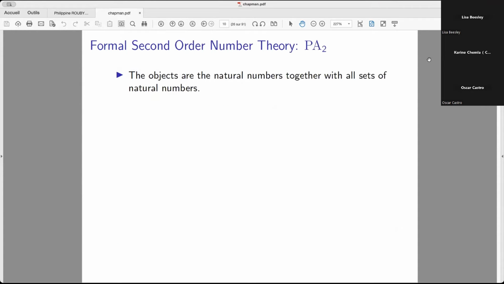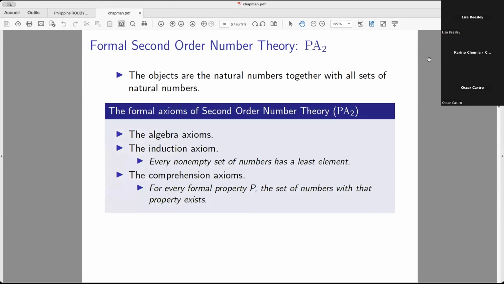Now, if we take one step beyond number theory toward set theory, we get second order number theory. So what are the objects here? They are the natural numbers, the objects of number theory, together with all sets of natural numbers. What are the formal axioms? The algebra axioms, same. The induction axiom is now just a single statement: every non-empty set of numbers has a least element.